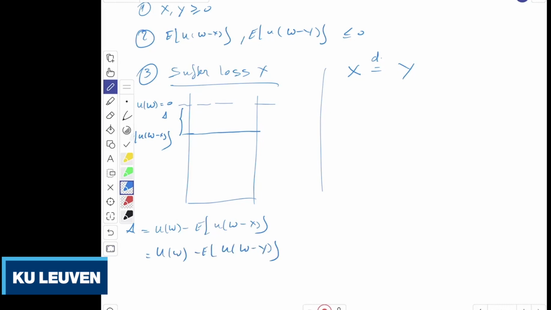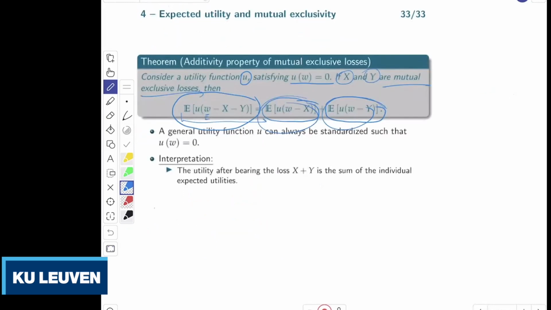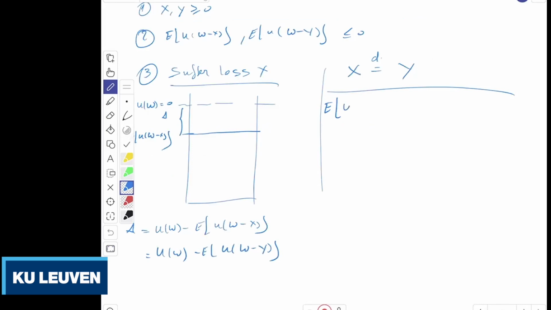In case X and Y are equal in distribution, then the formula that we proved becomes: the two expectations on the right hand side are the same. So we get the expectation of U(W minus X minus Y) is equal to 2 times the expected utility U(W minus X).